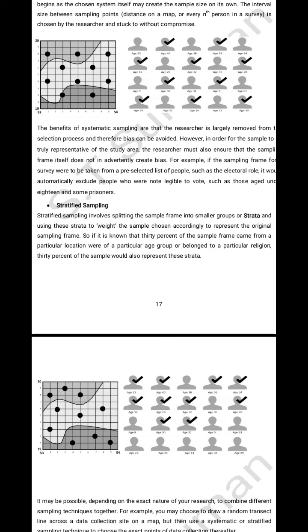It's not necessarily that you come and choose randomly or logically or systematically. No, you use layers, levels in selecting. These are the three types of probability sampling methods.